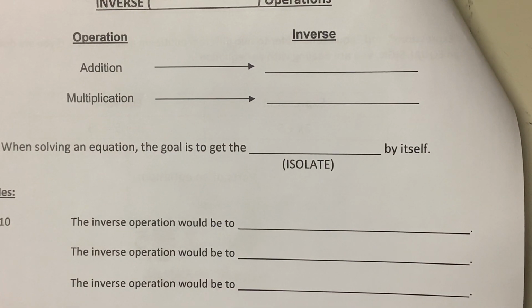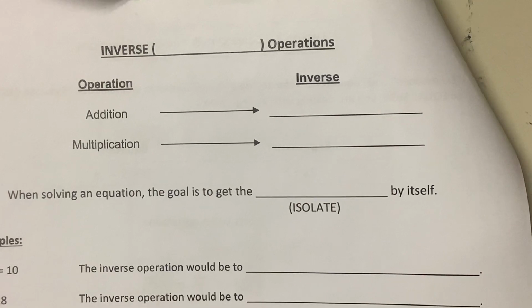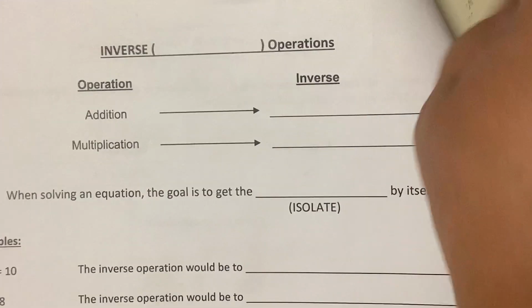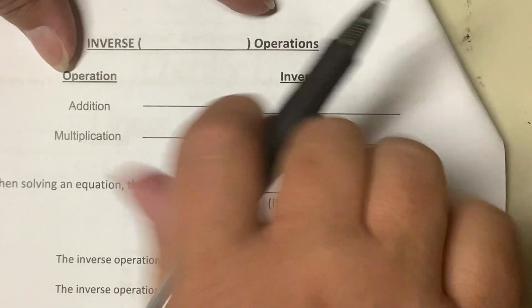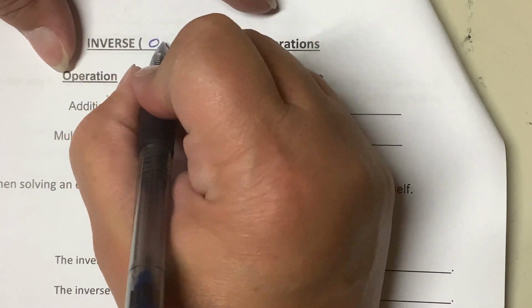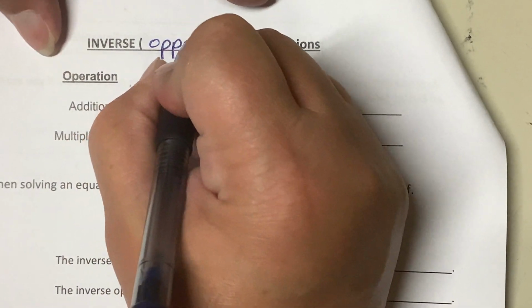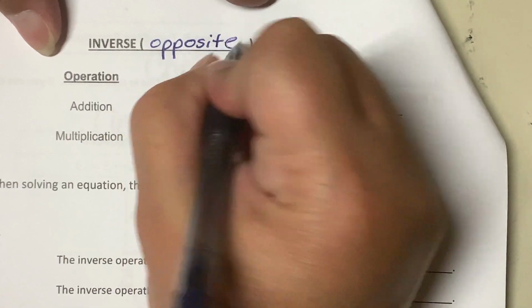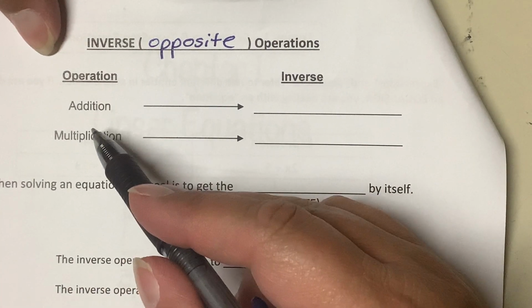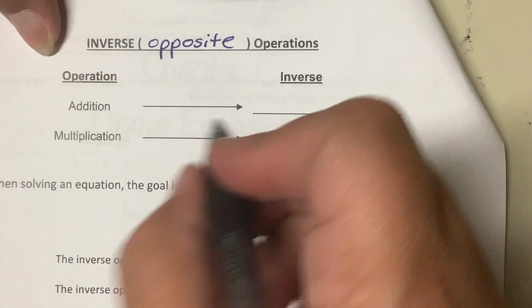Inverse are opposite operations. So we're looking at the inverse or opposite operations. So what's the opposite of addition? Subtraction.